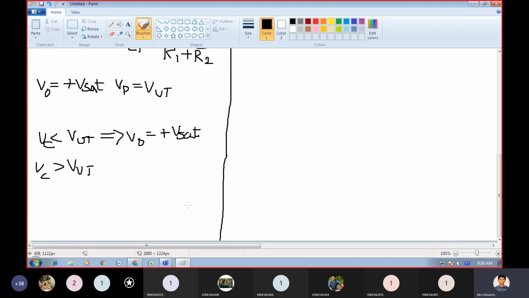This switches the output from positive V saturation to negative V saturation. You need to assume that if VC is less than VUT, the output will be plus V saturation only. If VC is greater than VUT, then the negative input goes to positive input, and the output switches from positive V saturation to negative V saturation.